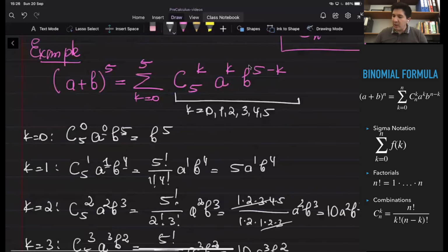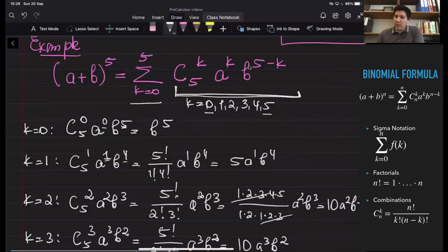So we've calculated this formula for all the values of k from 0 until 5. At the end, we need to sum them because this is the sigma, the summation.